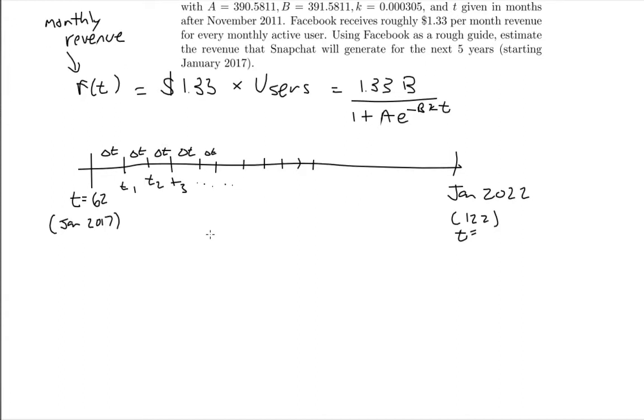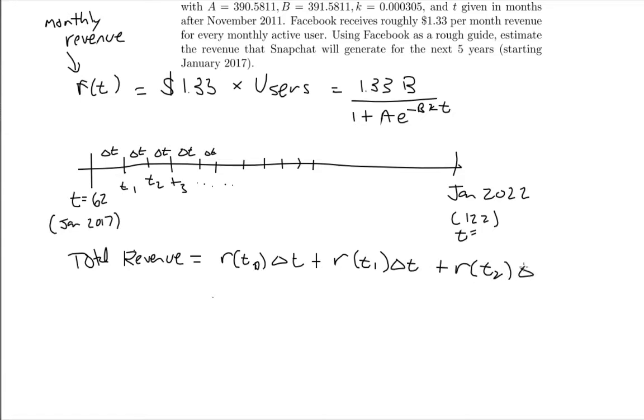The total revenue is equal to the revenue at t0 times delta t, plus the revenue at t1 times delta t, plus the revenue at t2 times a little bit of time, plus so on and so on, all the way up to the final time, the revenue at tn times delta t.